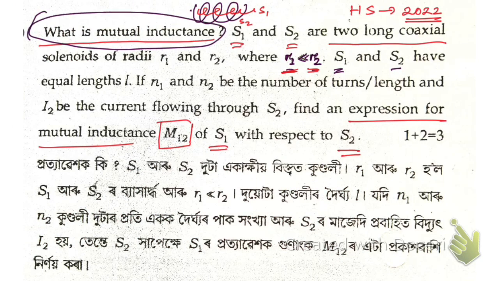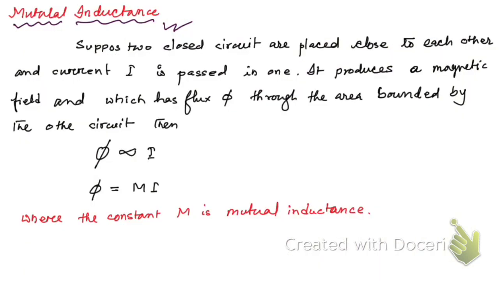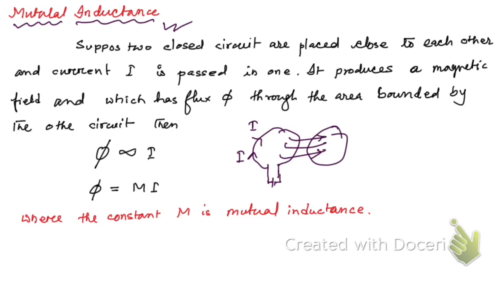What is mutual inductance? Here you see, suppose we have two coils, two circuits. This is one circuit, and the current passing through this circuit is I, and there is another circuit very close to this. The magnetic field produced due to this current will pass through the circuit which is close to it.